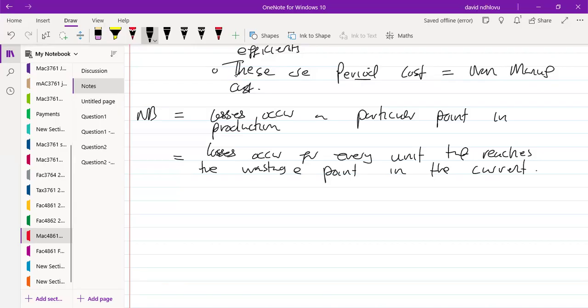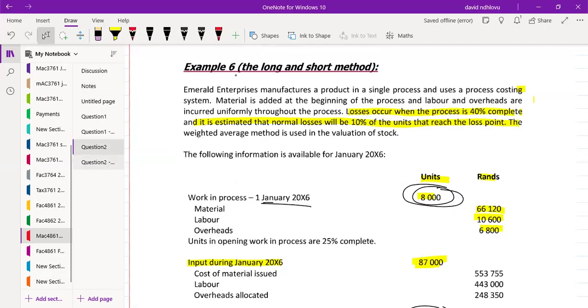So the key is to determine the wastage point and to look at the units produced to see whether they did reach the wastage point in the current year or not. That is the trick you have to look out for. What is the wastage point? The units that you had in your input at the beginning of the year, did they all reach the wastage point or not? This is how you interpret that when you go through a question.